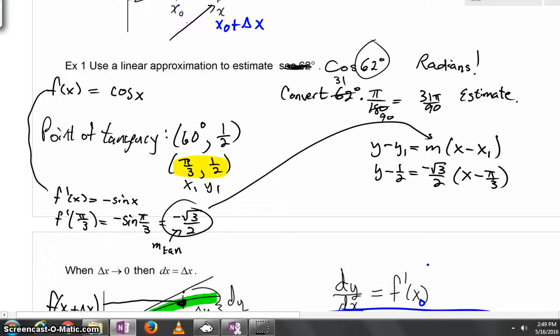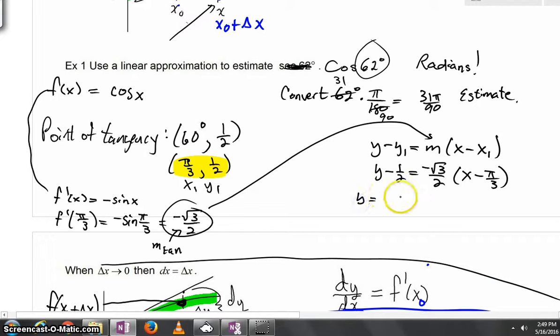Usually kids look at that and they'll say, okay. So now what? Guys, tell you what, you could add a 1/2 here if you'd like. And I guess what I really want to point out to you is that y right there is your L of x. That's your tangent line function, so to speak.